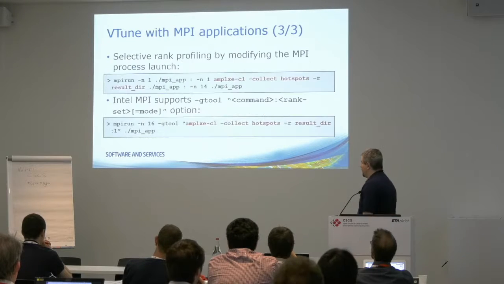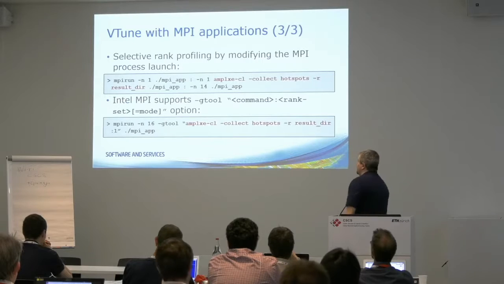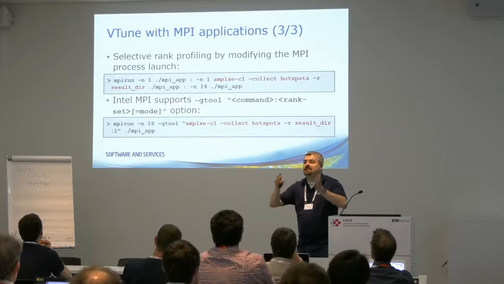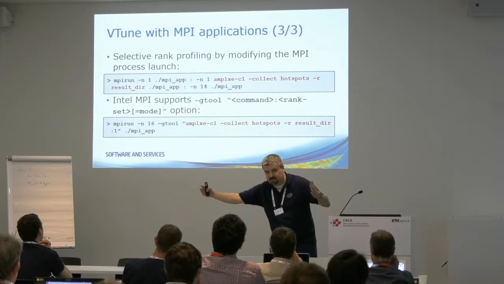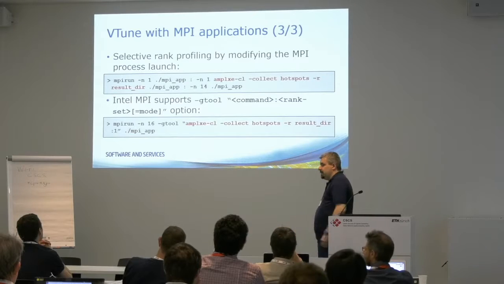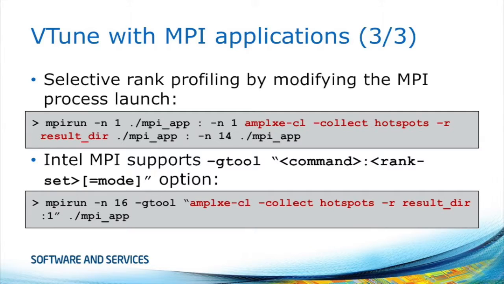Now the gtool thing. The other thing that you can do, if you don't want to collect that many individual result databases, which could be a little bit cumbersome to look at, is you can use either the gtool syntax or some other interesting syntax of mpirun to say something like this.